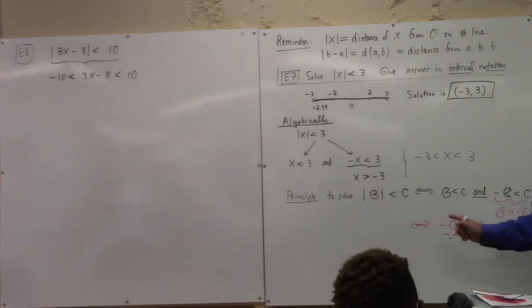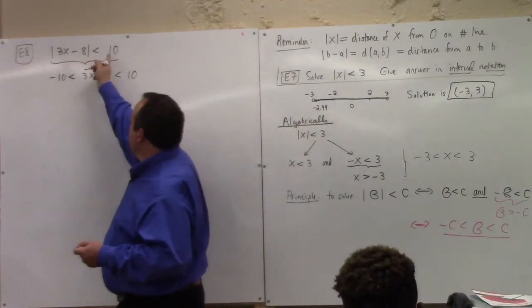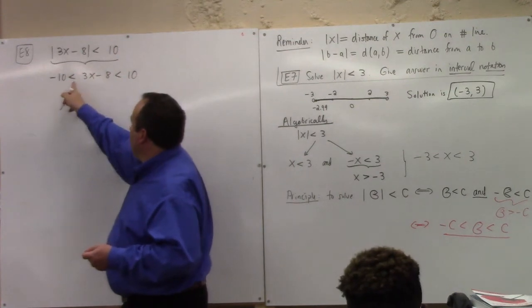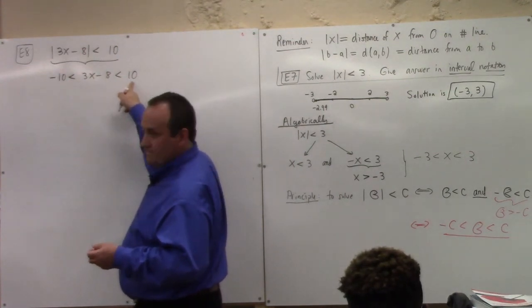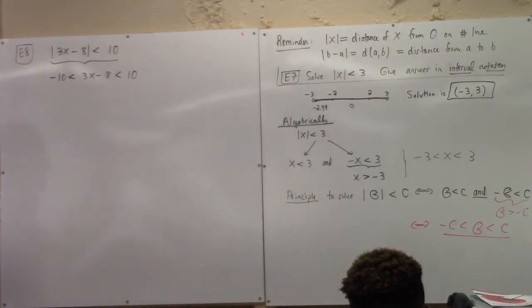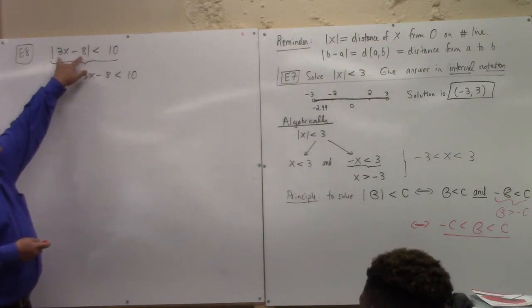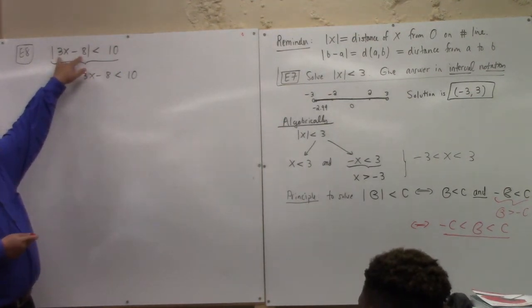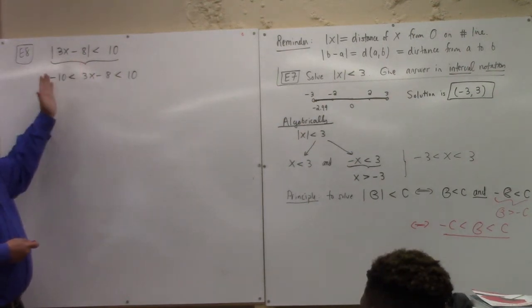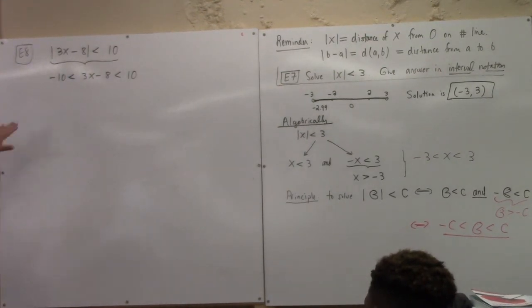Like here, the absolute value of 3x minus 8 less than 10 means that minus 10 is less than that is less than 10. The underlying idea is that whatever this is, it's distance 10 from the origin on the number line, so wherever that is, it has to fit between minus 10 and 10.